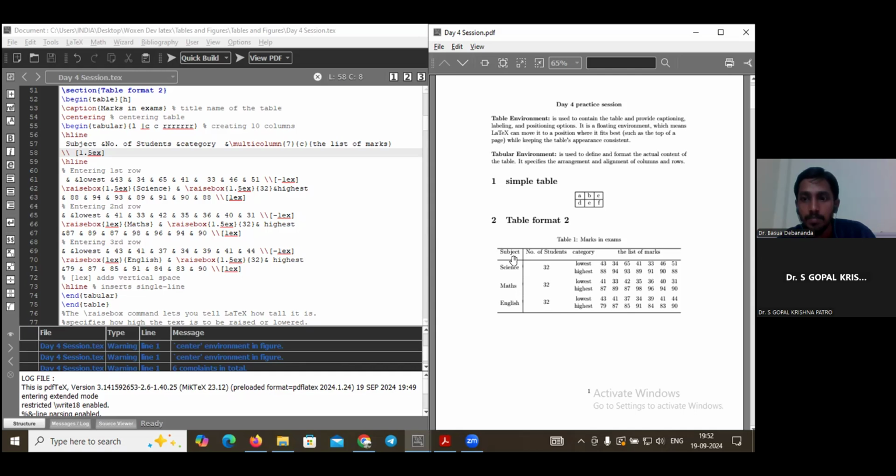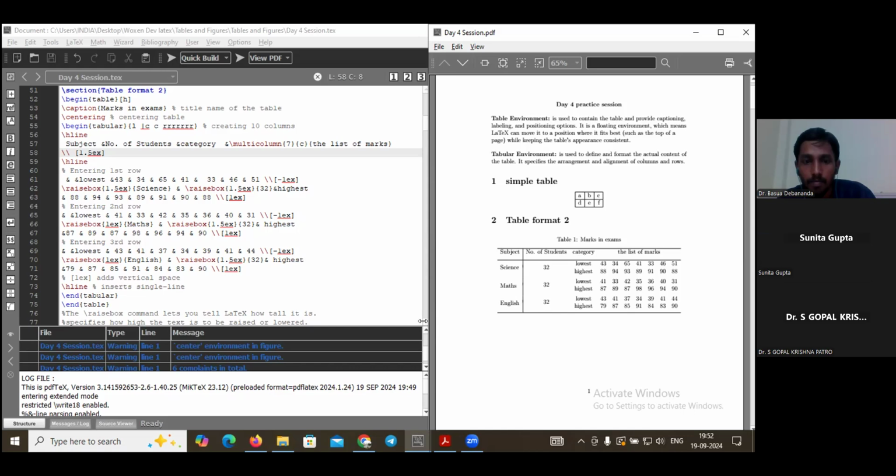So you are saying this is the gap for writing 1.5ex, but we are not using the first row, the remaining is just space, not using any word. Second row, this one, is where we write science. In the second and third rows we use science, then math and English.